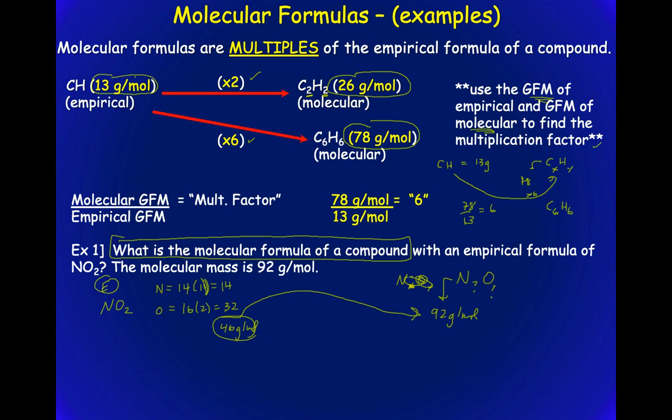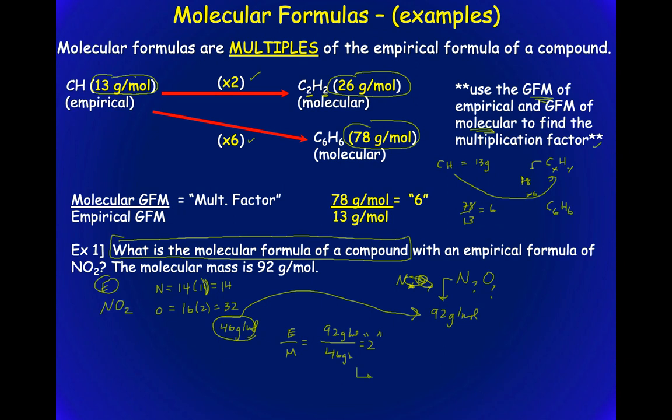Sometimes this is easy to see, sometimes it's not, but we can follow the little formula. We can take the molecular over the empirical: 92 grams per mole over 46 grams per mole is equal to 2, and that becomes my factor.